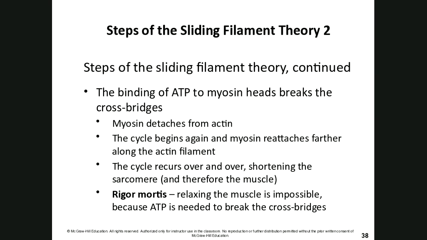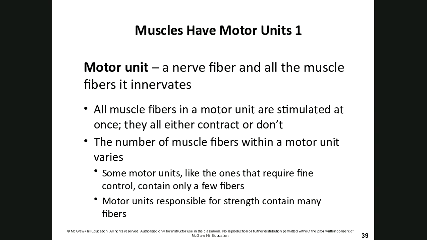the actin molecule. A motor unit is just a nerve fiber and all the muscle fibers it innervates. What we looked at was just one nerve coming to one muscle cell, and how the acetylcholine is released. When acetylcholine is released, it causes sodium ions to come in, causes an action potential.